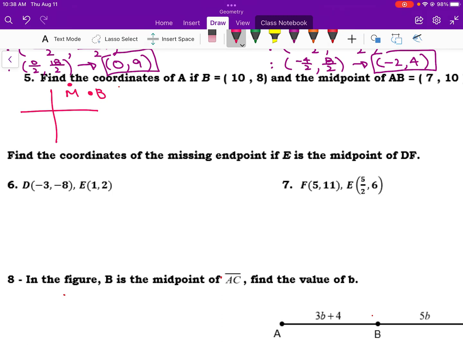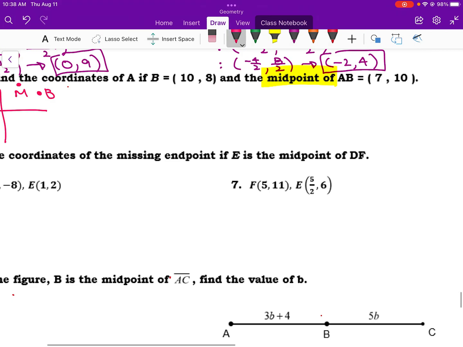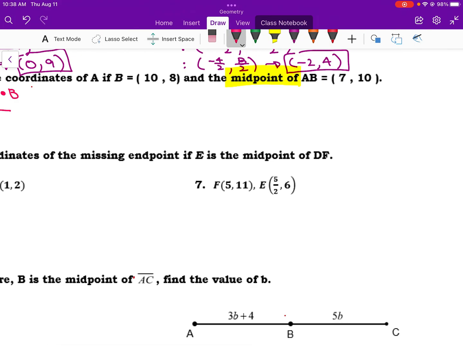Okay? So we could set up an equation, two different equations to solve. Or if we just consider that, to get the midpoint, we ultimately were adding two numbers together and then dividing by 2. So the opposite would be to, so let's go through that again.